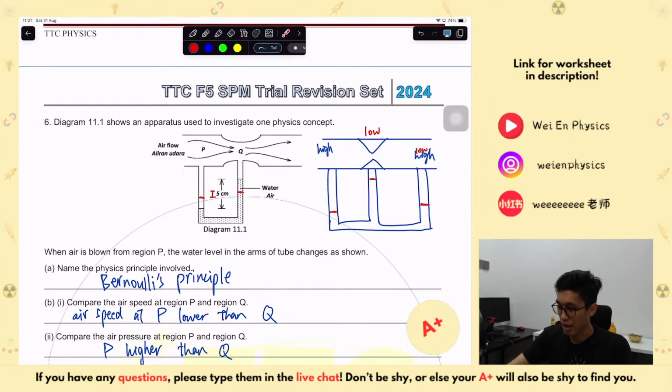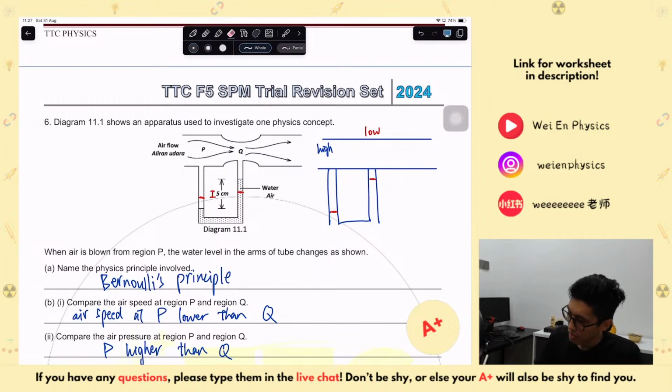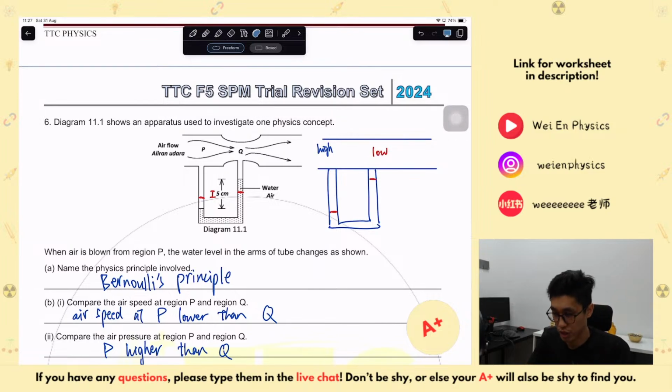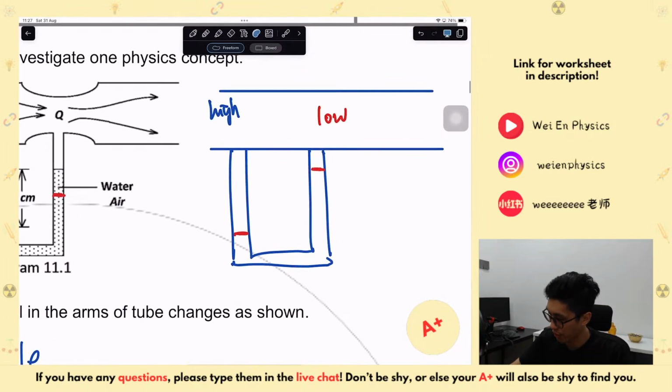But for this one, what's gonna happen is, even though they are straight, even though they are the same, it's still high pressure to low pressure. Just that the difference now might not be so obvious anymore.